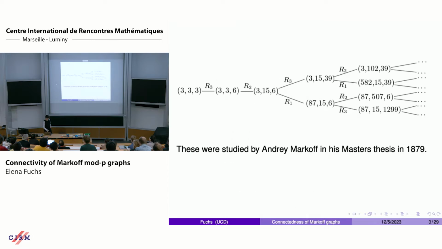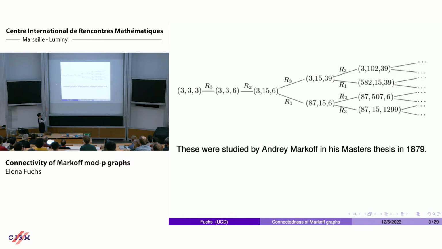Okay. So we have this thing called the Markoff tree, which is basically the representation of what I just said. Here, we start at 3, 3, 3, we apply R3, we get 3, 3, 6, and so on. You'll notice I didn't include here the branches where you go from 3, 3, 3 via R2 and R1. That's just because you'll get, again, 3, 3, 6, but permuted.